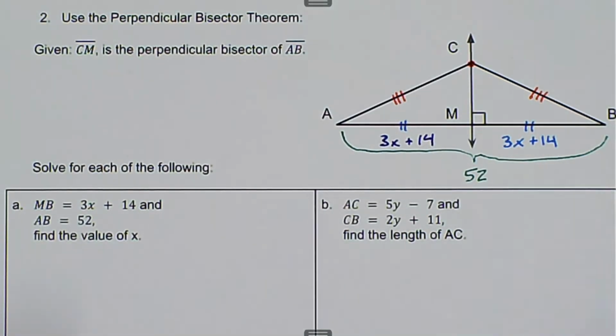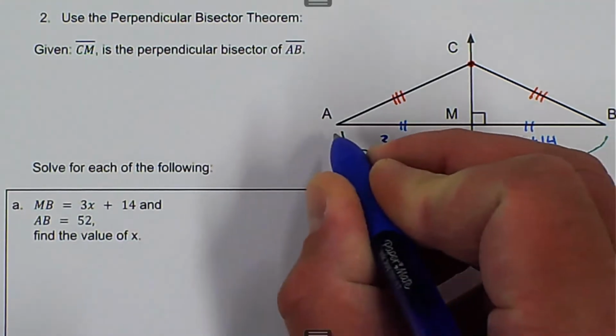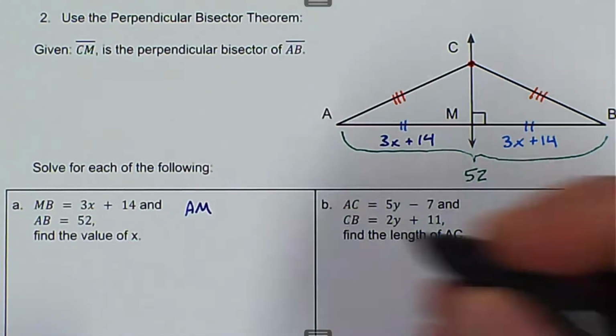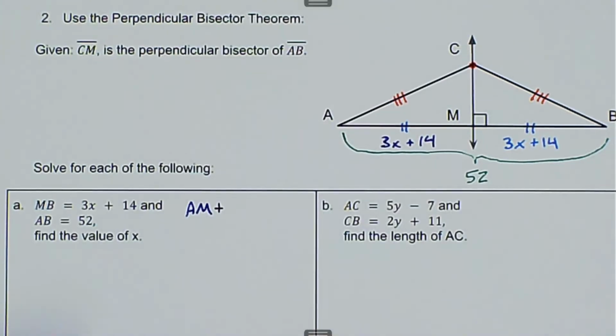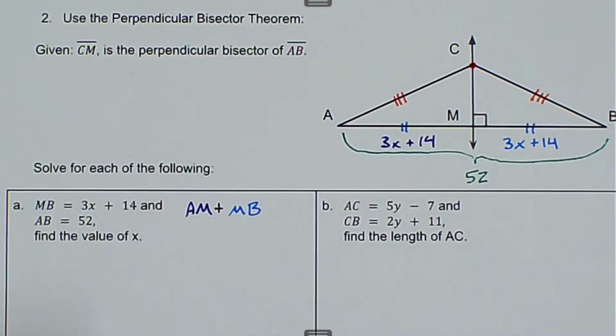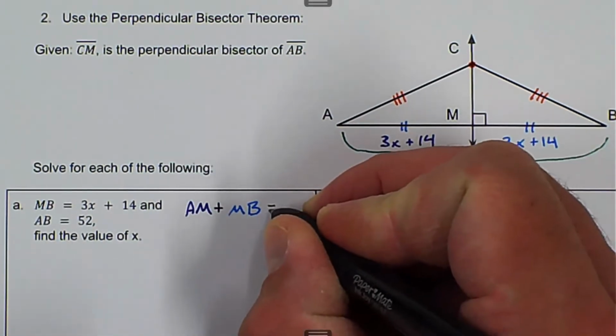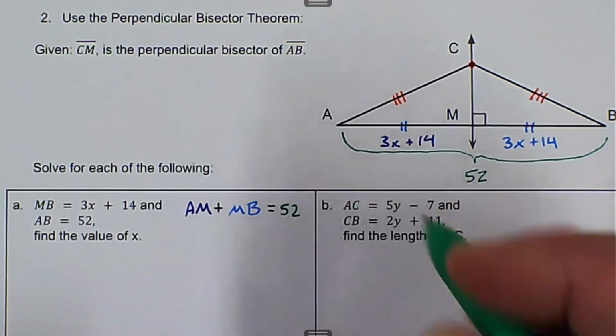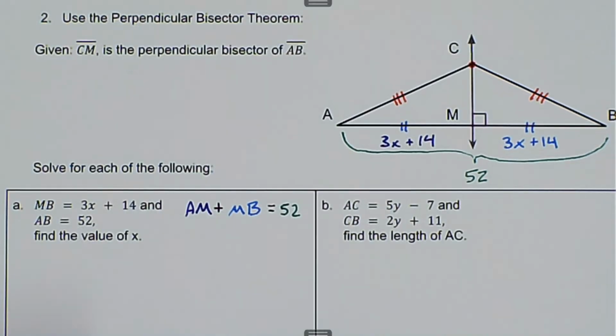Then we can set up our segment addition formula. In this case, it's going to be AM, the distance from A to M, plus the distance from M to B, is equal to AB, the total distance, 52.